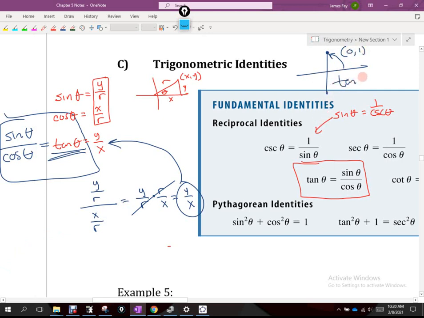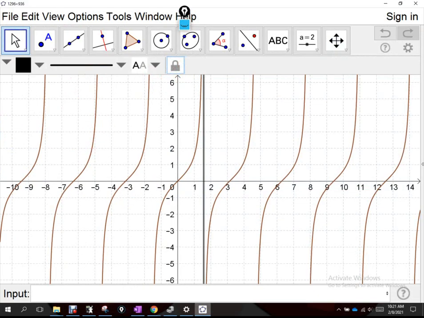Tangent of theta, or tangent of, let's say, 90 degrees, would equal y over x. Can I take 1 divided by 0? No, so it's undefined. That's why on our graphs down here, at pi over 2, which is equivalent to 90 degrees, we have that vertical asymptote.